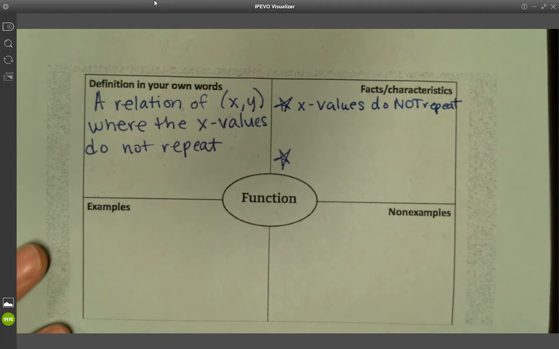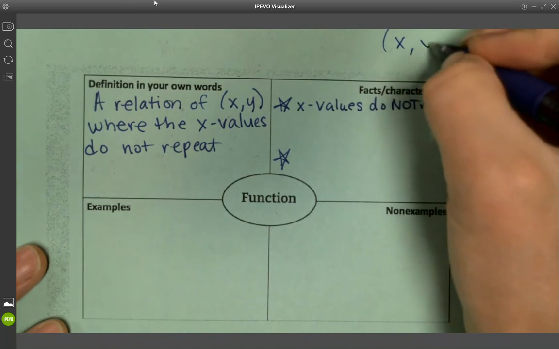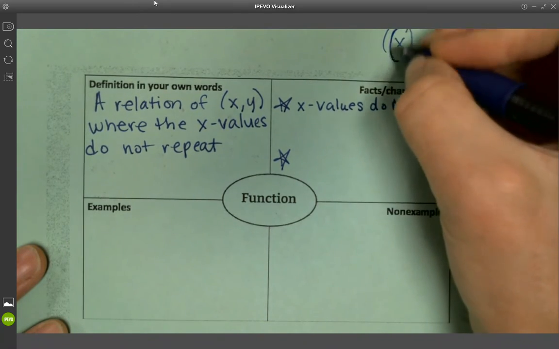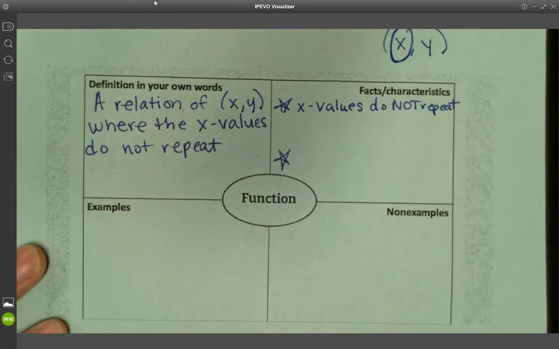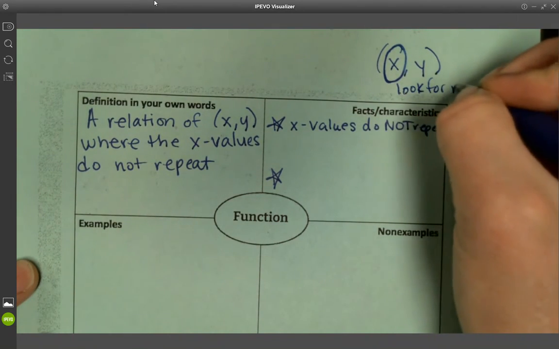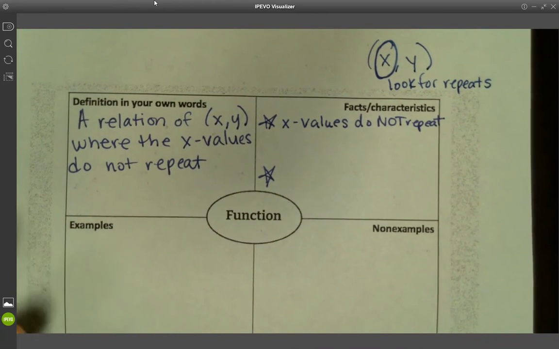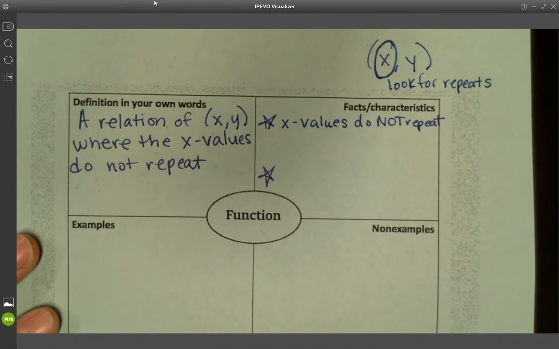So what we could do, if we know x values don't repeat, we can look at an ordered pair, x, y, and the only thing we care about is if x repeats. So look for repeats with x. If x doesn't repeat, then it's a function. If x repeats, it's not a function.